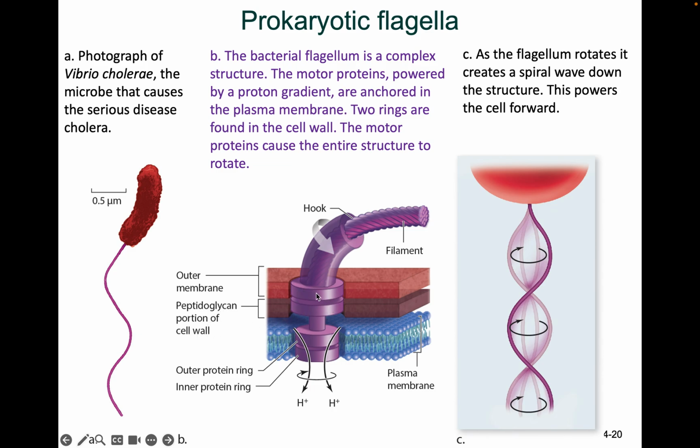They're connected there, and then you have a hook which connects to the filament. And what happens is that hydrogen protons go inside, and this causes the ring to start spinning clockwise, and because this is all connected, this will spin clockwise and propel the Vibrio to go very fast.